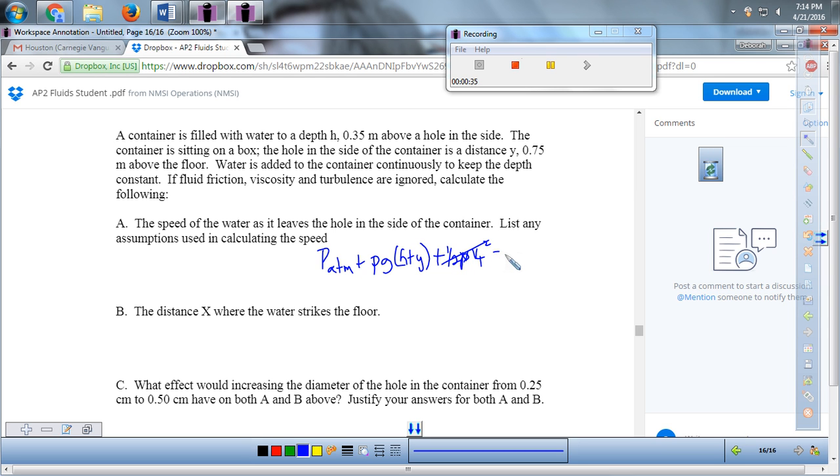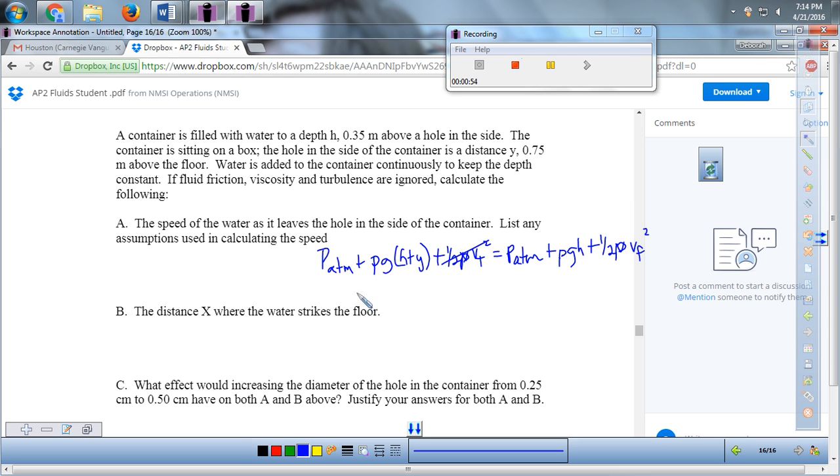We're assuming it starts from rest, is equal to the pressure of the atmosphere plus rho g h. And this is at the bottom, so it only has to follow that h, and 1/2 rho v_f squared. Alright, is everybody okay with that?